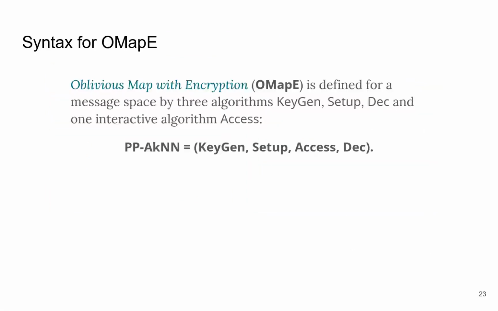We briefly discuss the syntax for OMAP-E, which is used in later discussion. So OMAP-E is defined for a message space by 3 algorithms: key generation, setup, decryption, and one interactive algorithm access that supports standard map operations, including keyword lookup, add, and remove.